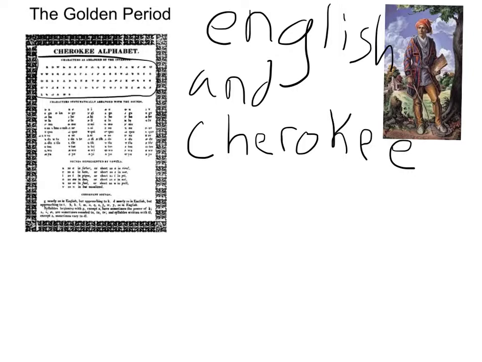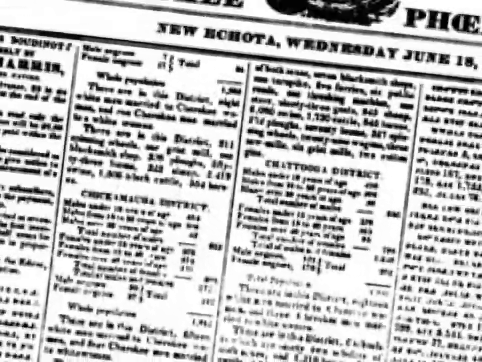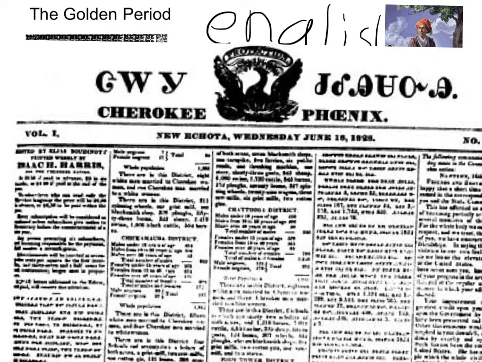With this new press, they could make a newspaper. This would not only keep the citizens informed, it would have them be more respected by the United States of America. The newspaper that they printed was known as the Cherokee Phoenix. In this picture of the Cherokee Phoenix, you can see that it is both in the Cherokee language and English.